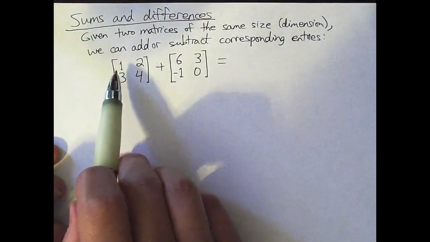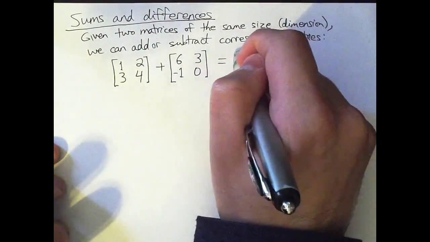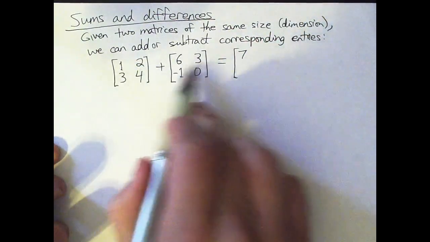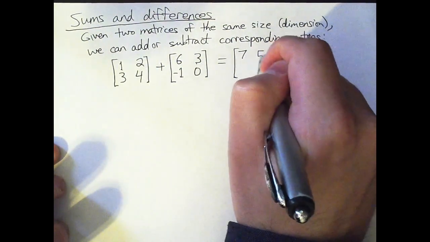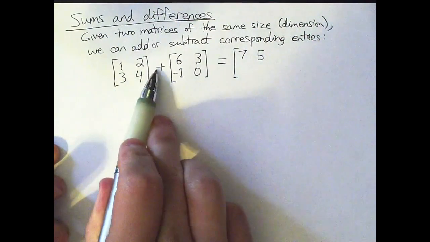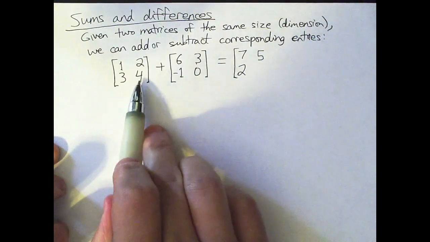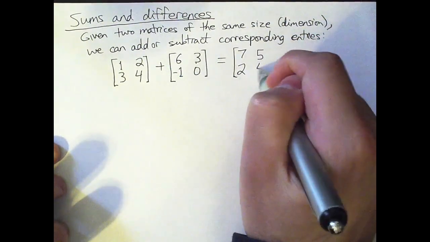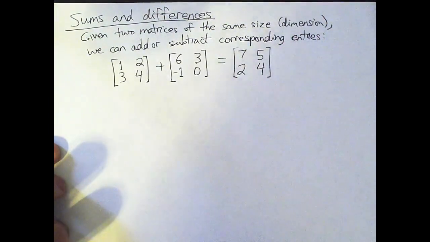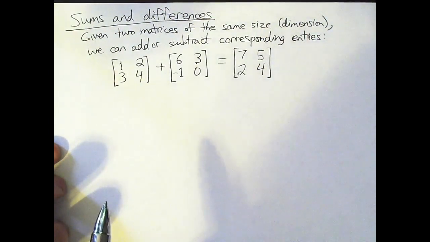When we say corresponding entries, we mean the number in the upper left plus the number in the upper left. 1 plus 6 is 7. Upper right plus upper right, 2 plus 3 is 5. The lower left plus the lower left, 3 plus -1 is 2. Lower right plus lower right, so 4 plus 0 is 4. So if you were asked to add two matrices, you just do a bunch of addition. You just add the corresponding numbers.